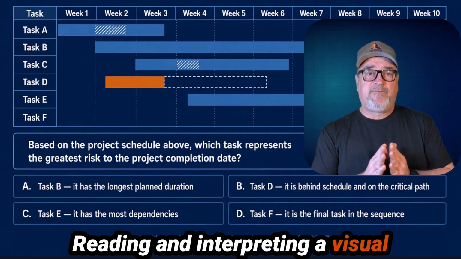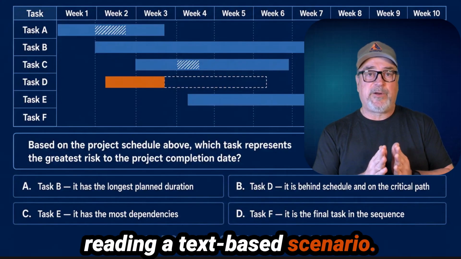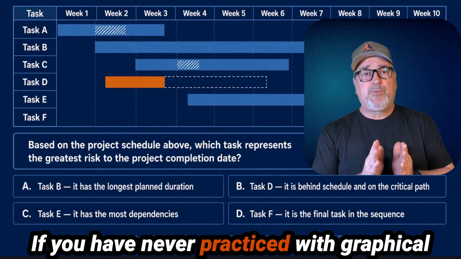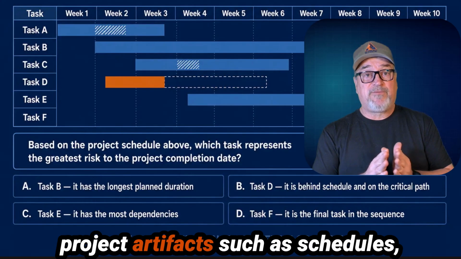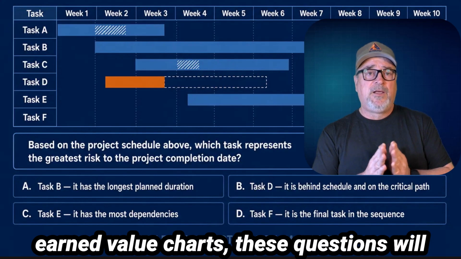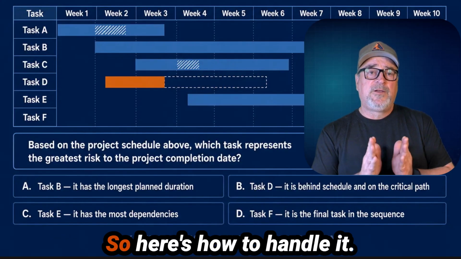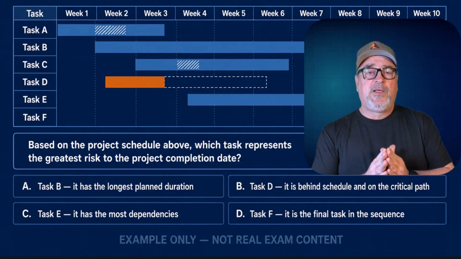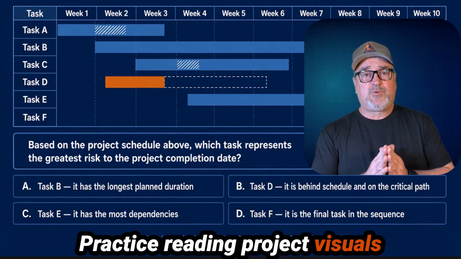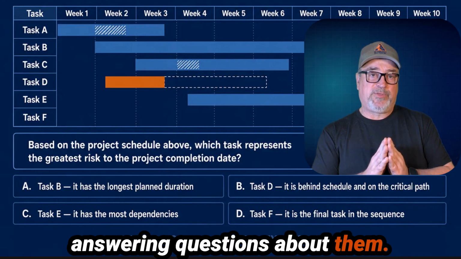Reading and interpreting a visual under time pressure is slower than reading a text-based scenario. If you have never practiced with graphical project artifacts, such as schedules, stakeholder maps, risk matrices, and earned value charts, these questions will cost you more time than they should. So here's how to handle it. Practice reading project visuals during your study period, not just answering questions about them.